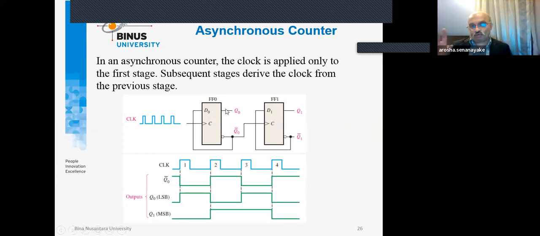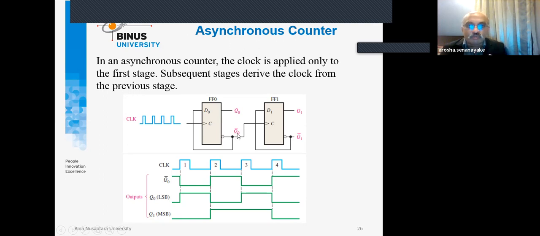Now, what is the meaning of that? The data from D0 will appear in Q0 after 1 clock cycle, capital T period, and now these clock signals are not connected simultaneously.